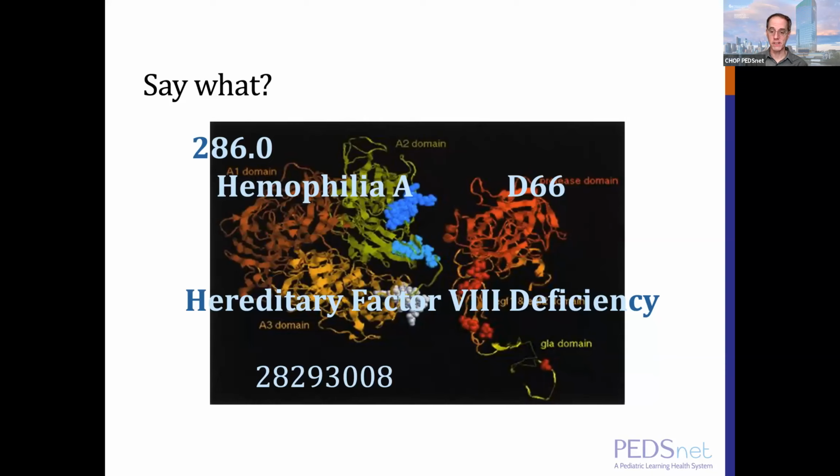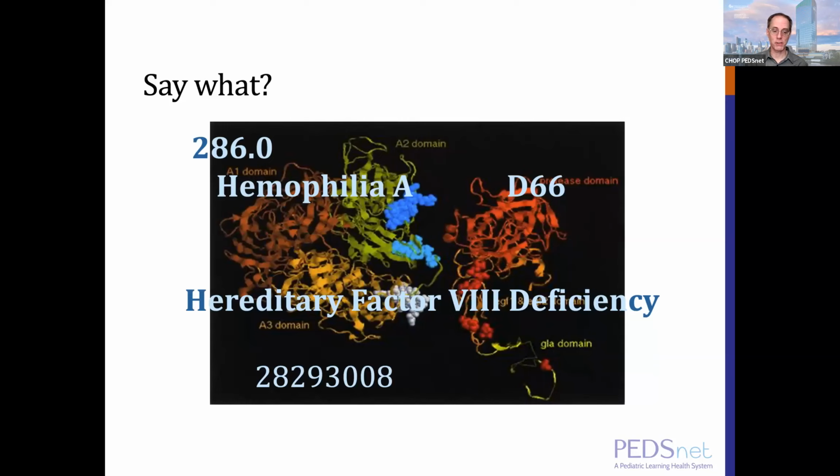Often for convenience, because there are a number of ways to spell those words, or there are a number of variations on the ordering, we'll represent things as numeric or alphanumeric codes. So what you see here, for instance, is 286.0, the ICD-9 CM diagnosis code. D66 is the ICD-10 CM diagnosis code.